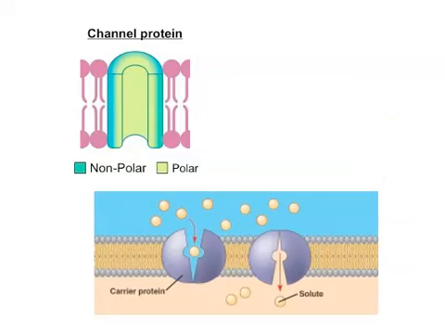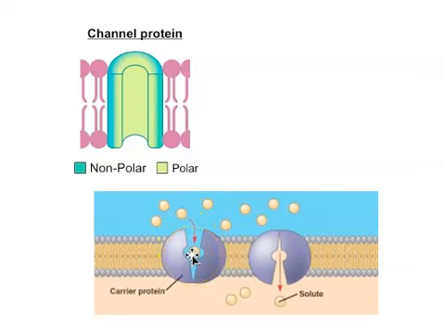Now take a look at the image at the bottom, which represents one of these carrier proteins. These are also transmembrane proteins, but instead of having a tunnel through the middle, they have an opening on one side of the membrane or the other. What happens with a carrier is that the molecule that needs to get across the membrane is going to come in and bind to the carrier in that opening.